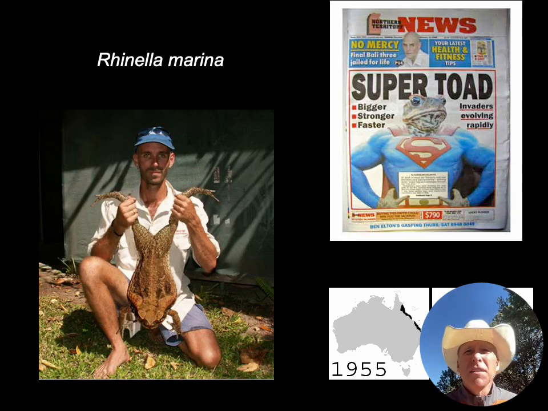In 1935, the sugar industry was huge in northern and eastern Australia. Lots of sugar cane grown. There was a native beetle, a cane beetle, that was having a negative effect on the sugar cane in the country, and they got the idea to bring in these toads to help combat the sugarcane beetle.